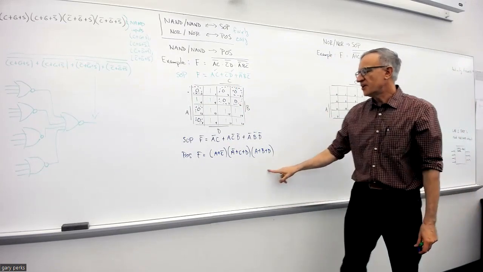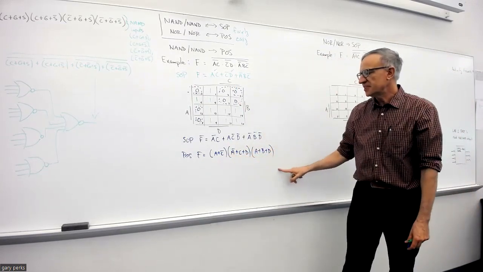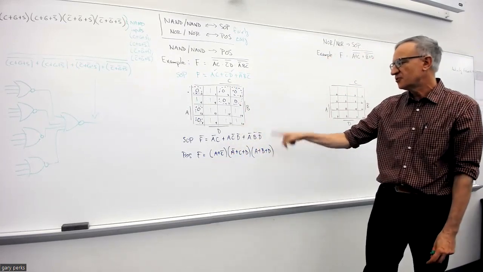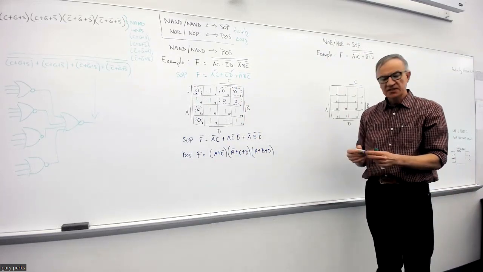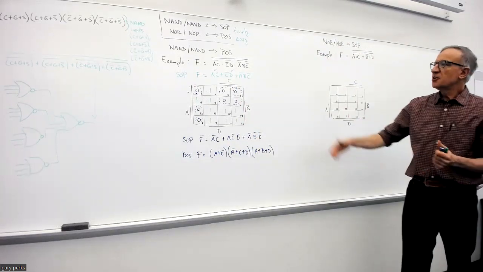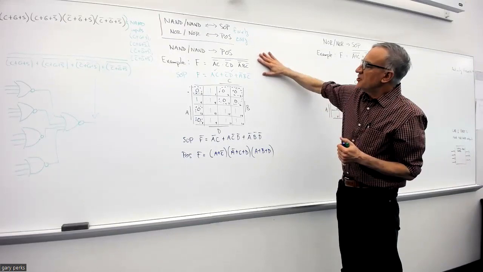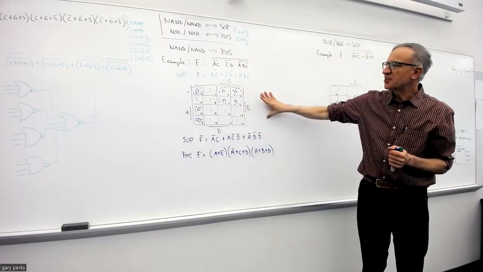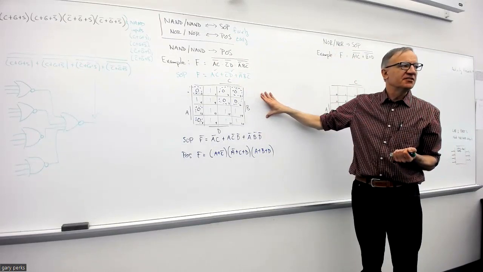I always double check, and I advise that you do the same, because it's so easy to forget to invert something, or you leave an or in there. So basically, the added work when you go NAND to POS is just that you have to go through a K-map.